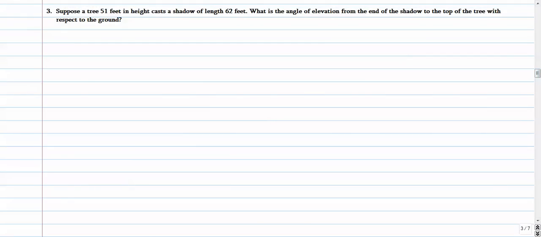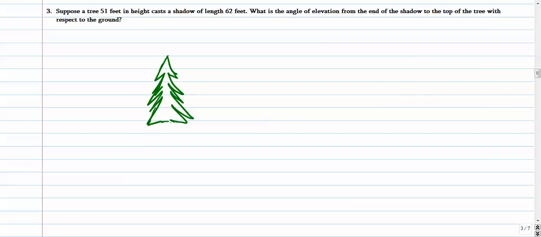Number 3. All right, here we're getting some shadow problems. So suppose a tree that is 51 feet high casts a shadow of 62 feet. First things first, let's draw our tree. I'm not the best artist in the world, but we'll get an idea of what this tree looks like.